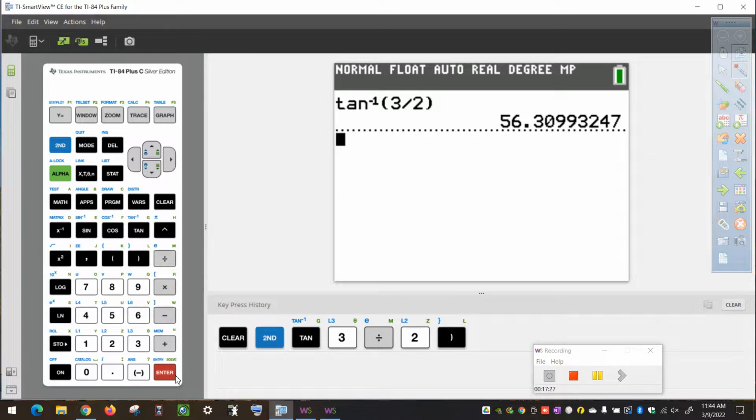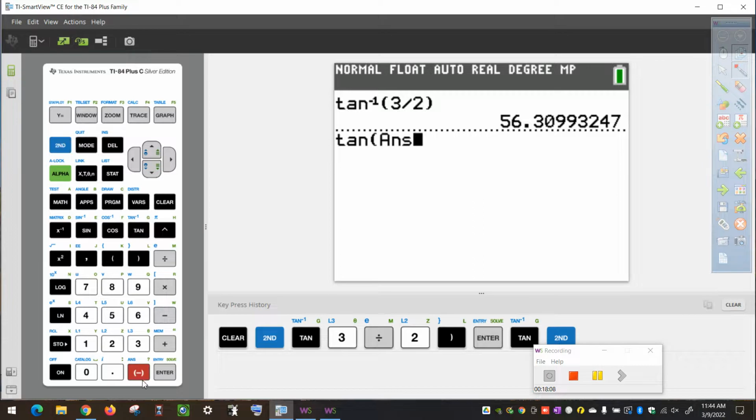Now here's something kind of cool. This is how you can check it. Let's actually do the tan of this angle to check and see if it equals 3/2. Now we have the decimal digits here. If you wanted to just test it by rounding it to a few decimal places and retyping it in, you can do that. It'll be a little bit off though because of the rounding. If you want to be exact here, we can press second and then press the negative key at the bottom.